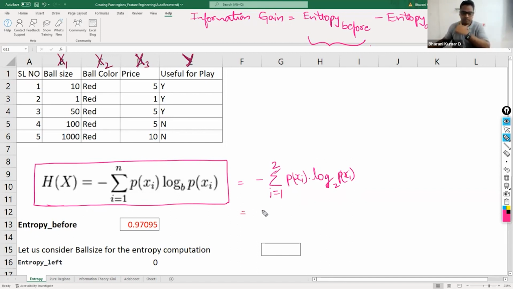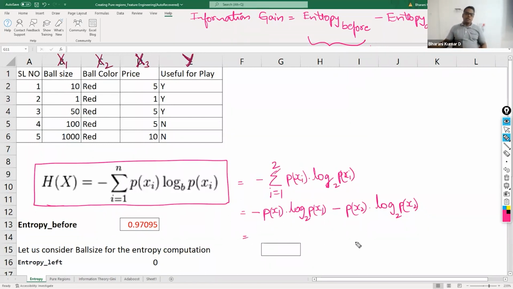This is written as minus probability of x1 into log of probability of x1 base 2 minus, when you substitute i equal to 2, you get probability of x2 into log of probability of x2 base 2. Okay, that's all. I just expanded the formula. I just substituted i equal to 1, I've written it down. Minus, I substituted i equal to 2, and then I've written this down.